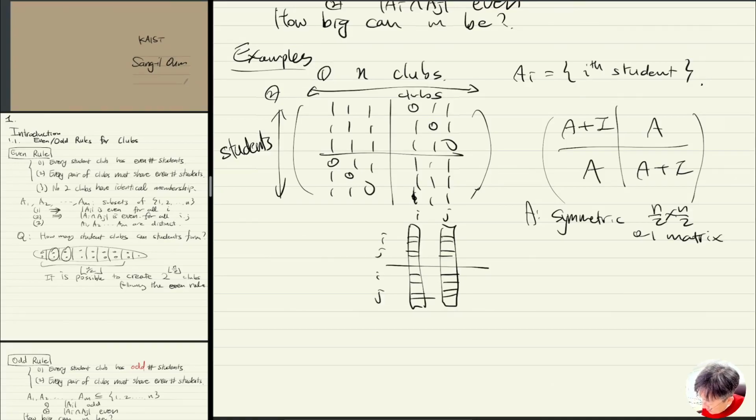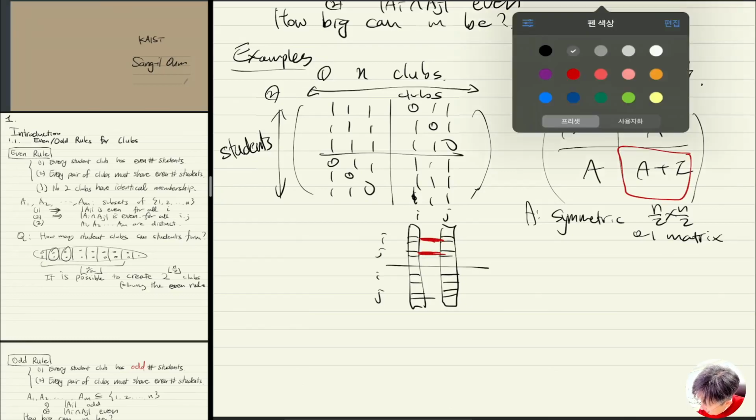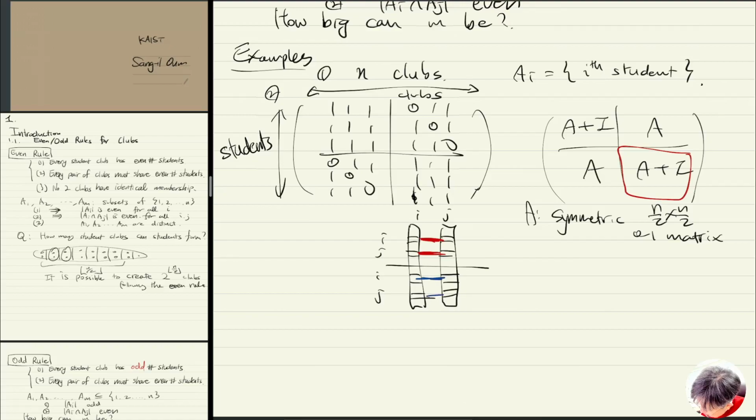Because we are adding the identity matrix over this part, these red parts and these blue parts will give exactly opposite answers, right?